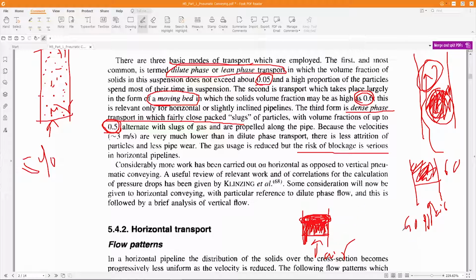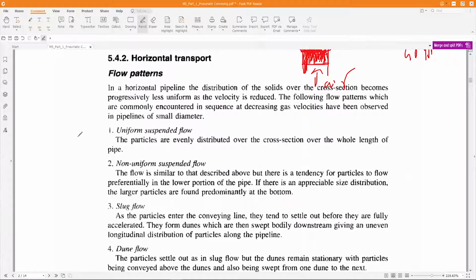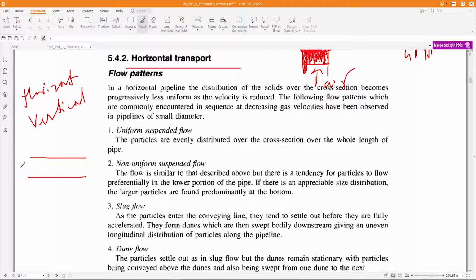Within pneumatic conveying, transport by gases, we have two kinds of transport: horizontal transport and vertical transport. As the name suggests, suppose you have a pipe in a horizontal position and you are transporting solids with the help of air.